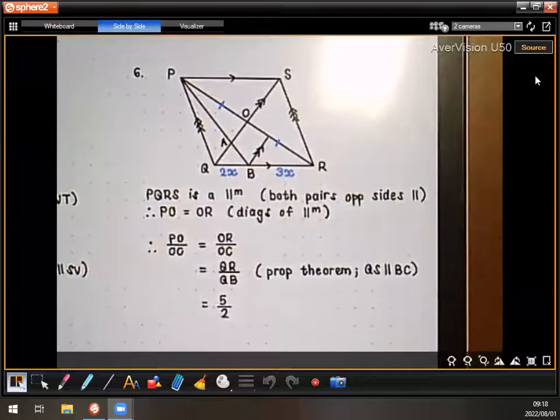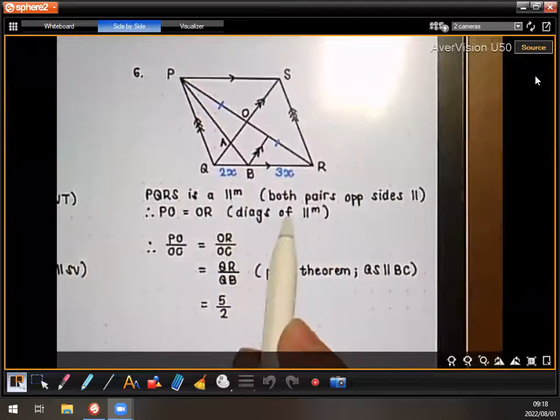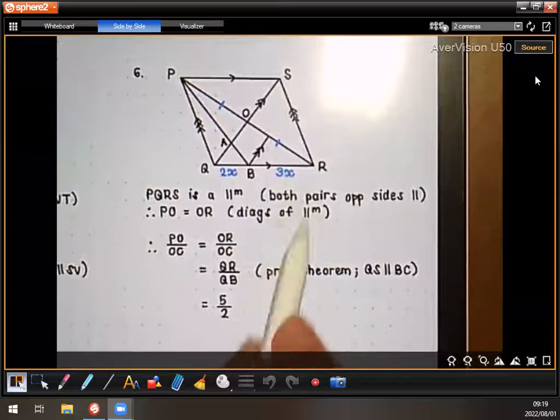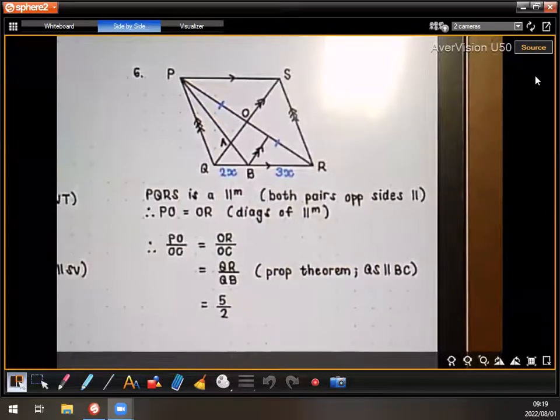Whenever you're using any property of the diagonal in any shape, you don't have to say exactly that diagonals bisect each other. You can just say diagonals of a parallelogram, rectangle, whatever the shape is. You're probably going to have to go over those properties again. I don't know if you all remember them. We haven't really used them in quite a while.